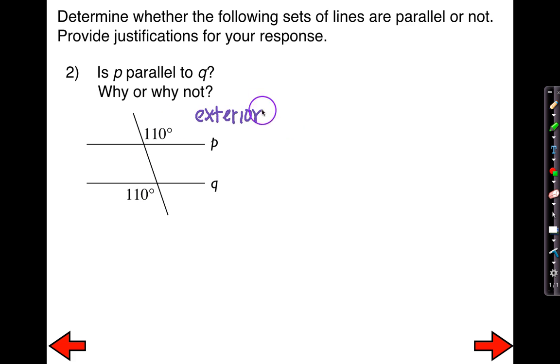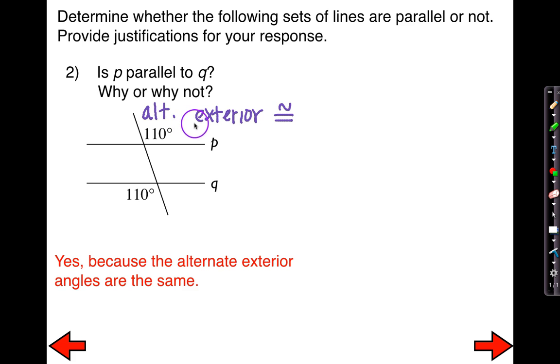One's on the left, one's on the right. So it is alternate exterior angles. And what do we know about alternate exterior angles? Well, I know that when lines are parallel, these alternate exterior angles are supposed to be congruent. Well, guess what? They are congruent, which means I know the lines are parallel.